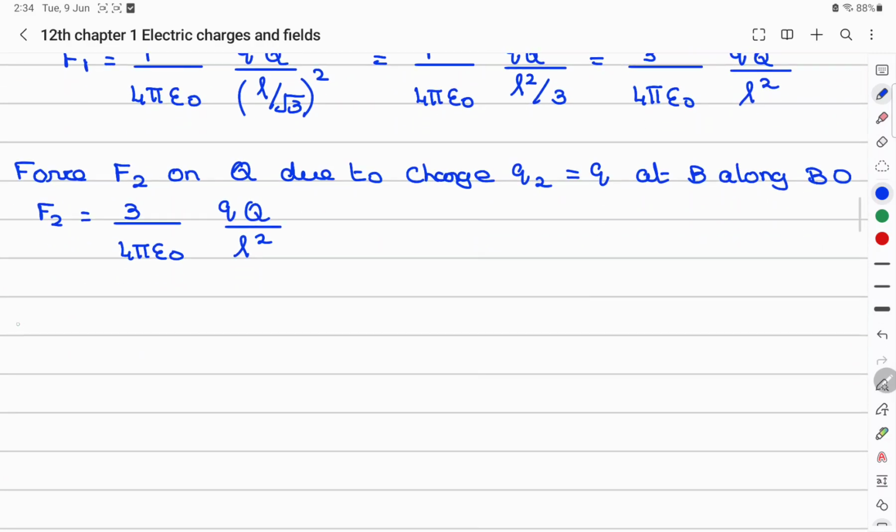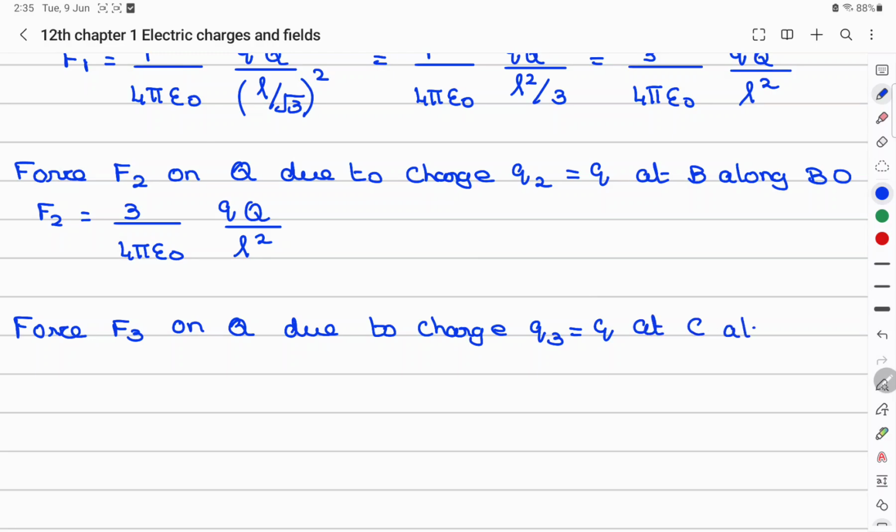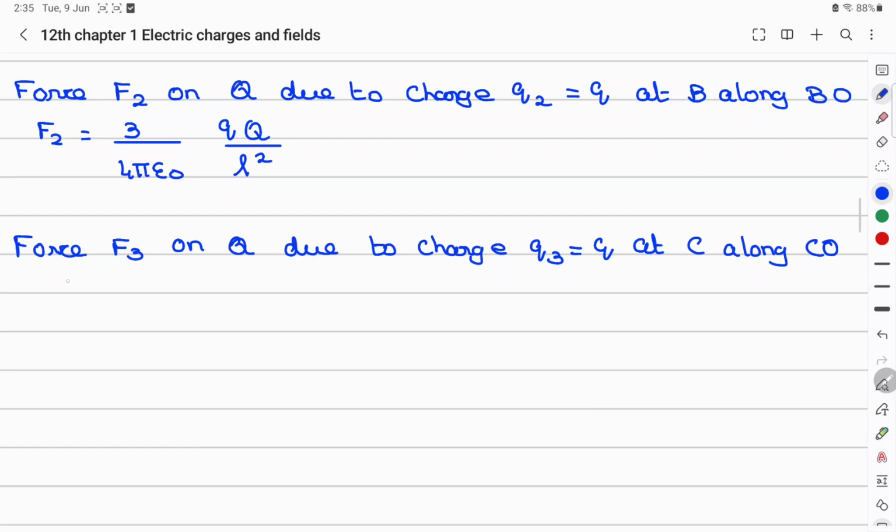Like that for the force F3 on Q due to charge Q3, which is equal to Q at C, along CO. So F3 is equal to 3 by 4 pi epsilon naught QQ by L square.